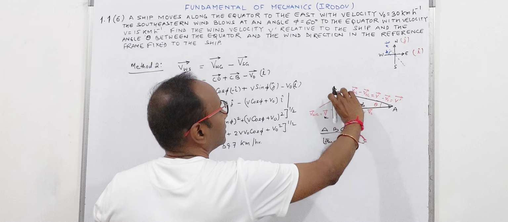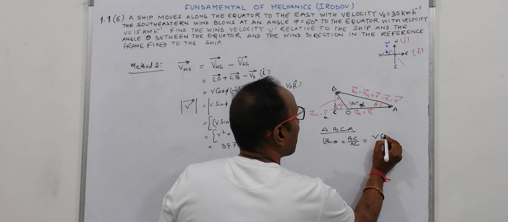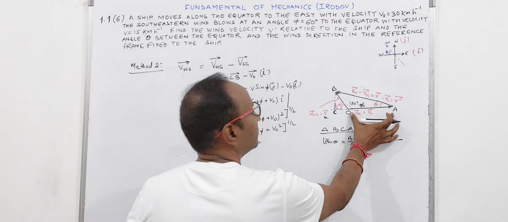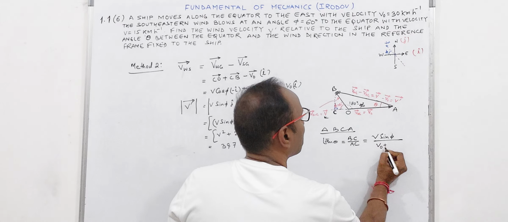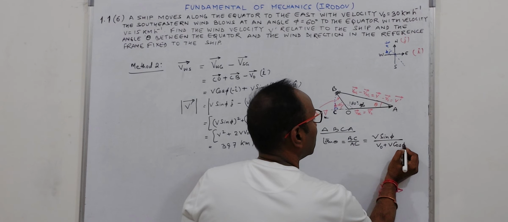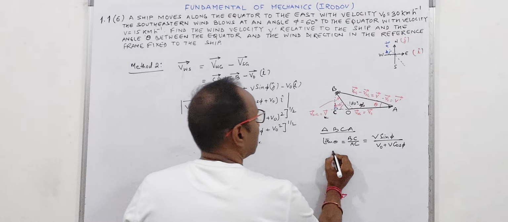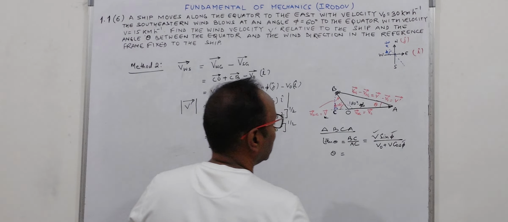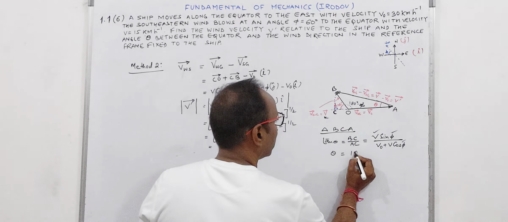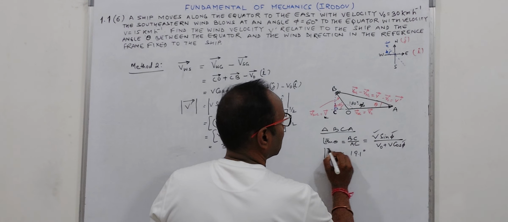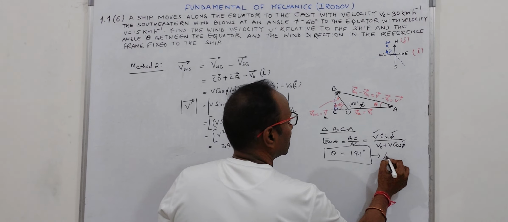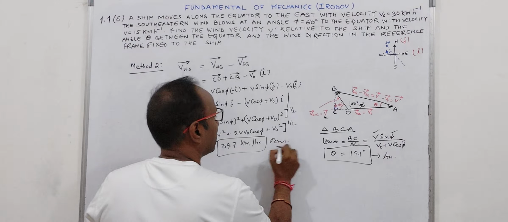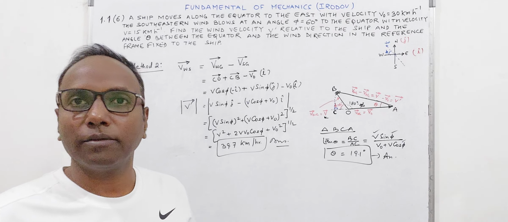BC is nothing but v sin phi, and AC is v0 plus v cos phi. If you put all the values over here, you will get theta as 19.1 degree. So this is another way of solving.